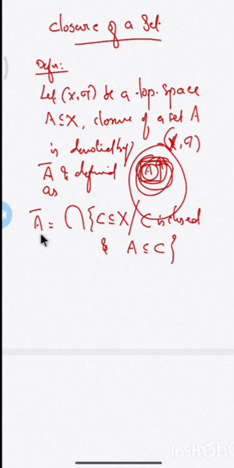That set is called the closure of the set A, denoted by A bar. Clear? This is the definition of the closure of a set in a topological space.